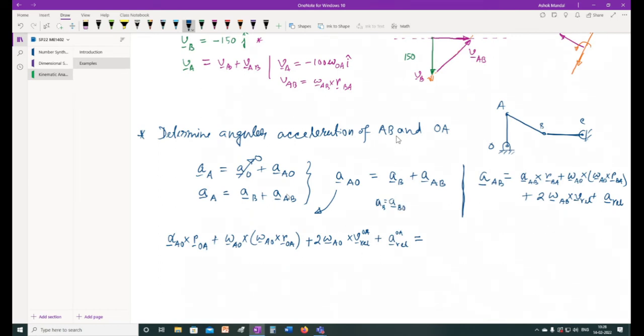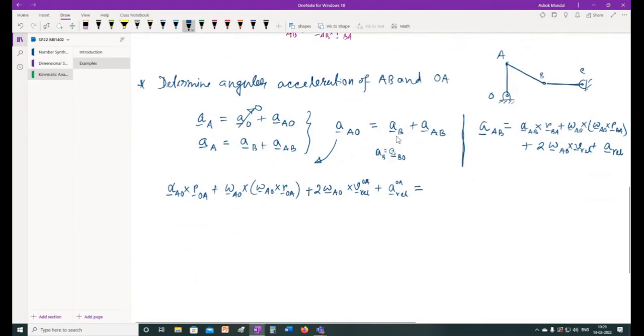Just as we wrote acceleration of A, we can write acceleration of B too, because A and B have some similarity. This link OA is rotating with respect to this fixed point. This link CB is rotating with respect to this fixed point C. So they have some similarity and we can write them this way. So now, if we want to write the acceleration of point B, let us write all the terms.